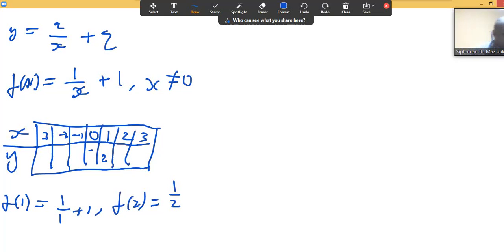So let's look at our calculator. 1 over 2 plus 1 is equal to 3 over 2. So here we have 3 over 2. Then now we're putting f of 3 is equal to 1 over 3 plus 1.